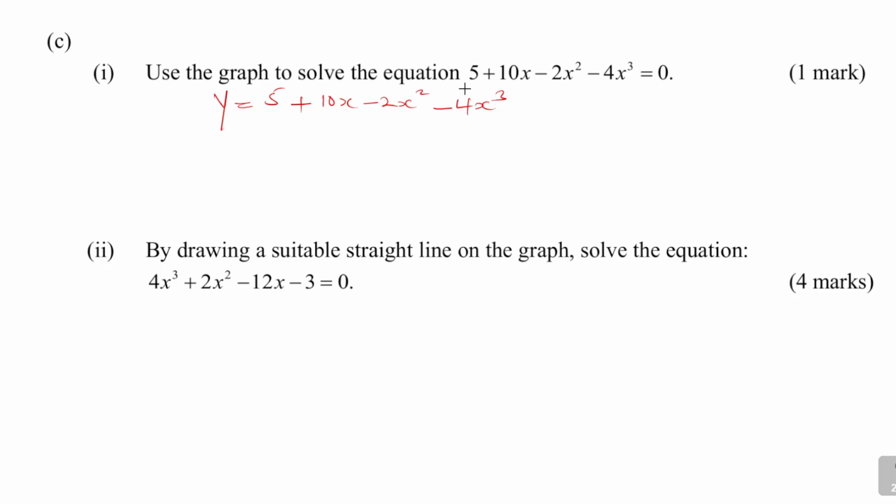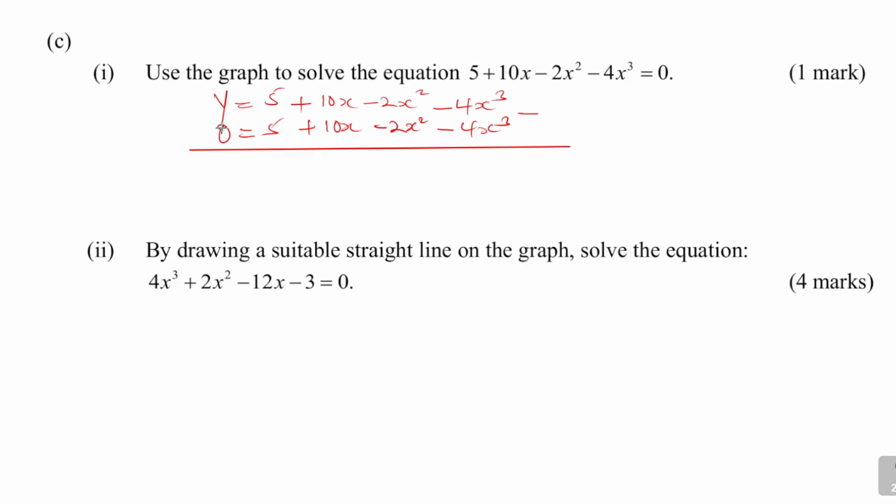So what you do, you simply compare. So this is 0, write 0 there, and then we have 5 plus 10x minus 2x squared minus 4x cubed. I'm writing this function here, the one that you're required to solve, because we're using this function. Then from there, you can subtract the two functions.